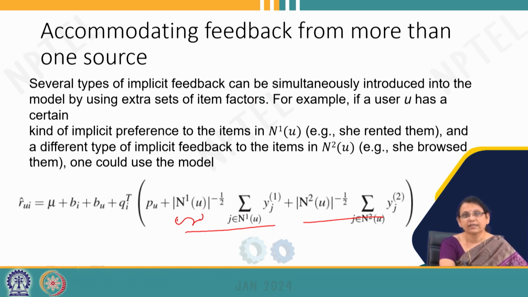So, this number now has to depend on the number of observations available from user u, not from the rating matrix. That was actually the number of actual ratings given by the user u; this is actually observed from another source.